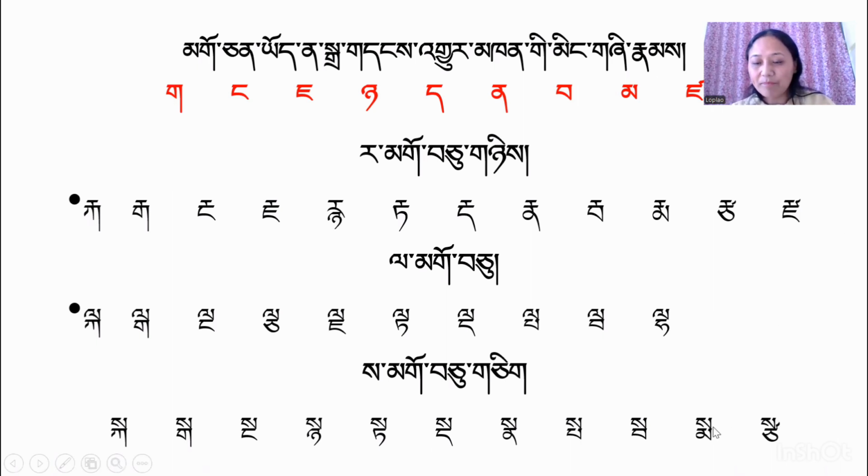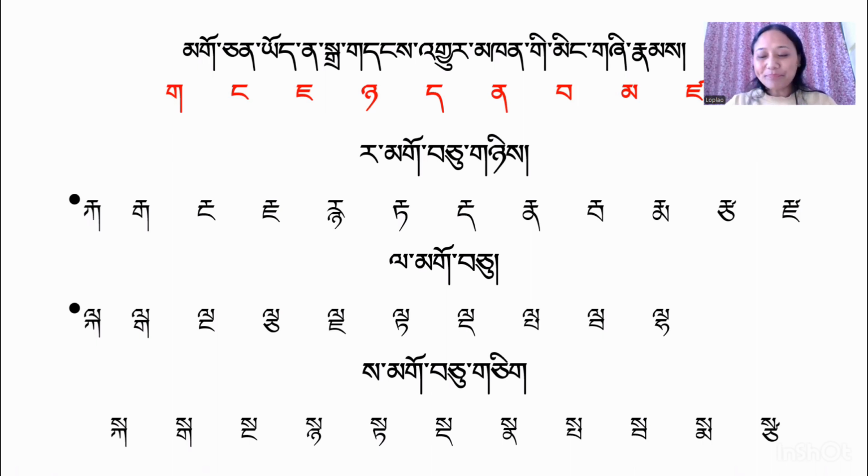And the next one, Sa Mata Ma. And then last one, Sa Tata Sa. So these are how to read.